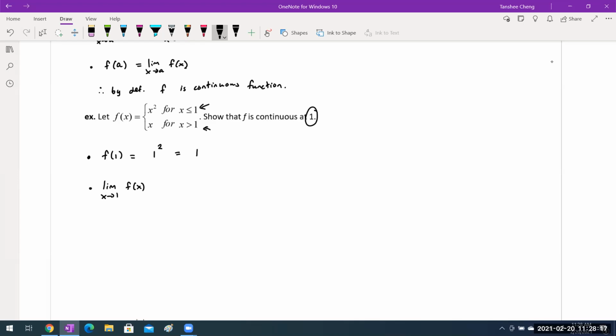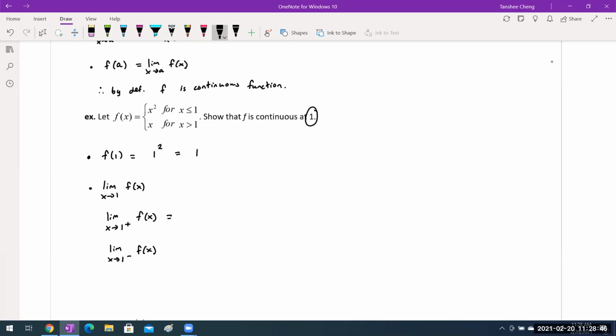So this basically tells us we have to use the left-hand side and the right-hand side limit to find this out. To talk about the limit as x approaches 1, I have to look at the limit as x approaches 1 from the right-hand side of the function, and the limit as x approaches 1 from the left-hand side of the function.